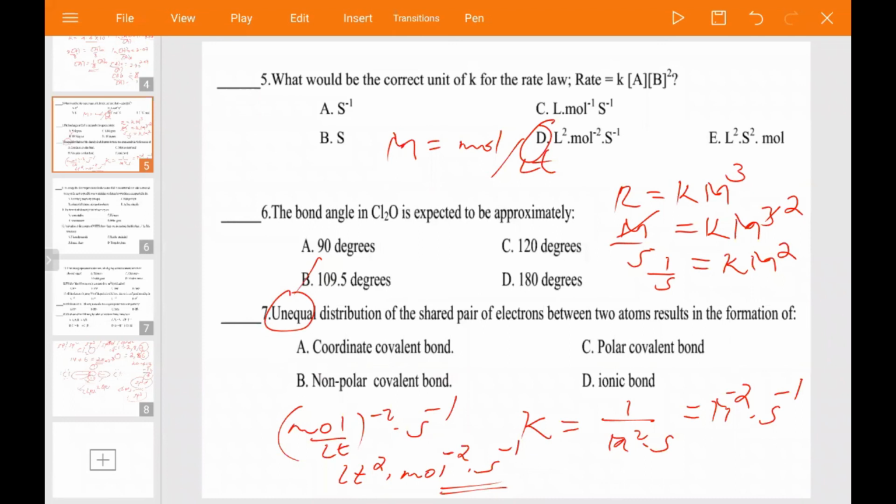Based on the nature of this distribution, we can decide whether it is a polar or non-polar bond. Unequal distribution implies polar; A and D cannot be the answer. Unequal means it is polar. Instead, if there is equal electron pair distribution, it will be a non-polar covalent bond.